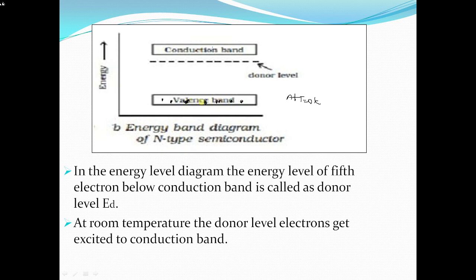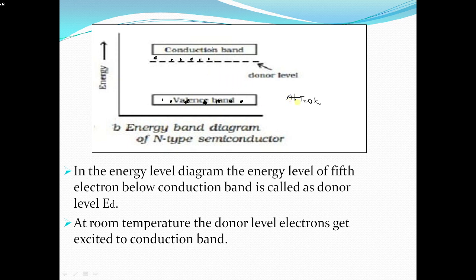These are the valency electrons, but the fifth electron is left free. Where does it stay? It stays in the donor level. The one extra electron lies in the donor level.